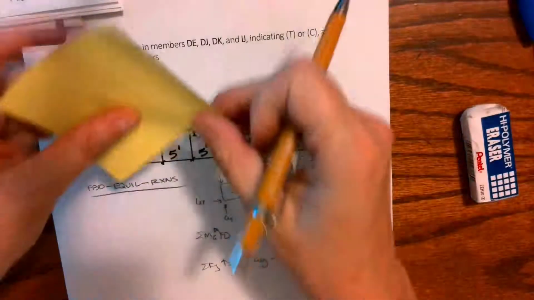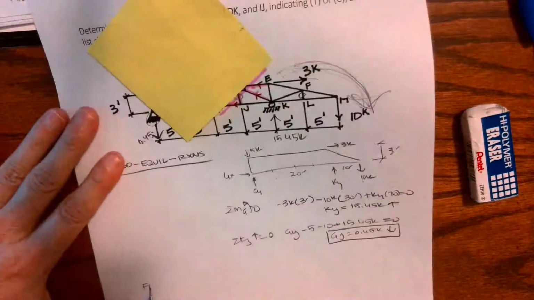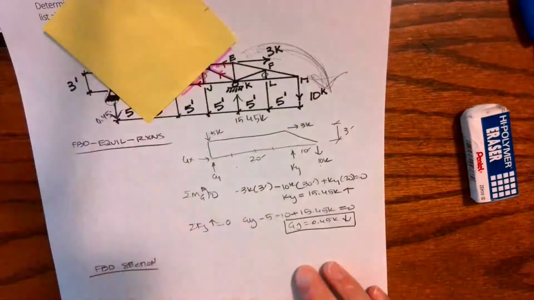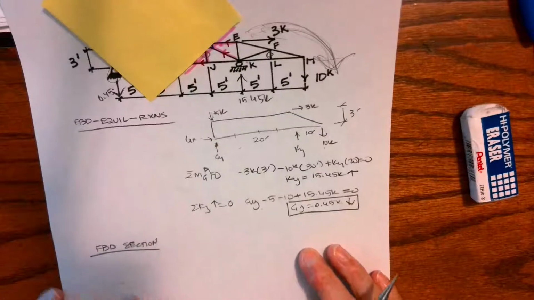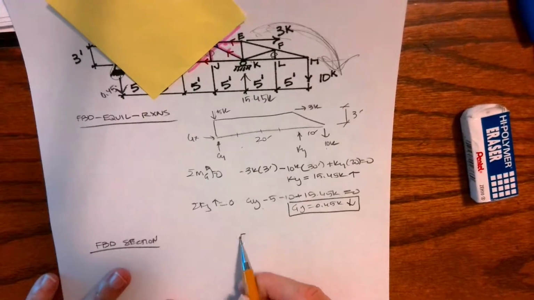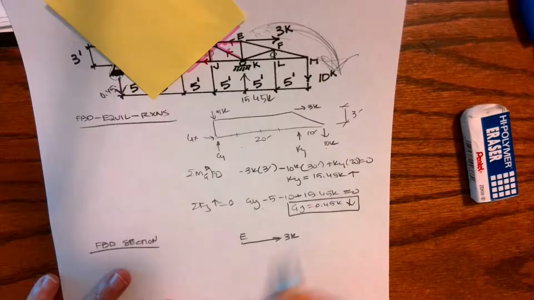So I can use my post-it note, kind of cover it up, and I should have then my free body diagram of my section. And this is where you could pause the video and draw it yourself and then check to see if you have the same answers that I do, or the same figure. So here's E, and I have 3 kips pulling over.